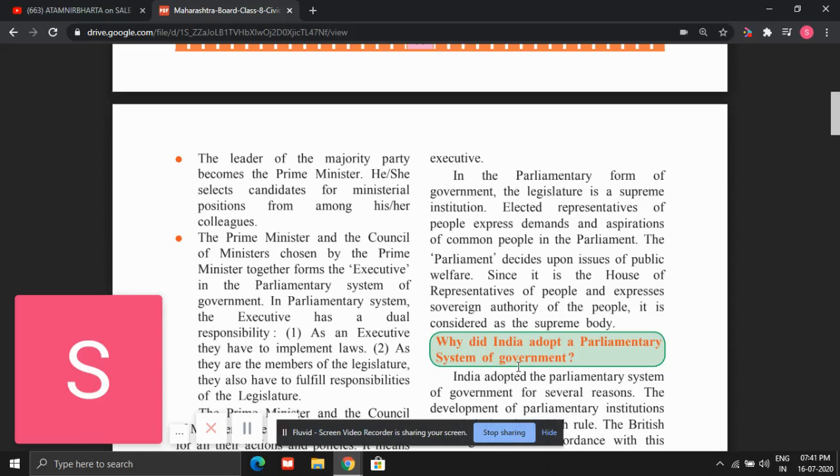And the parliament decides upon the issues of public welfare. Since it is the house of the representatives of the people, and these representatives are given the authority by the people, they express the sovereign authority of the people, so it is considered the supreme body. Okay?